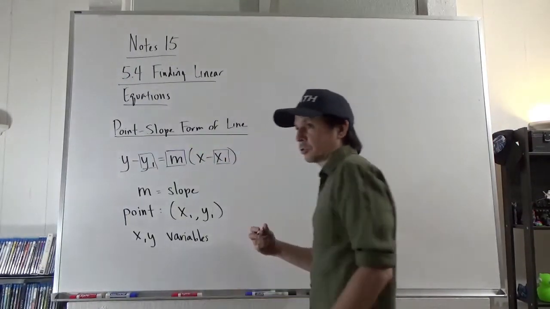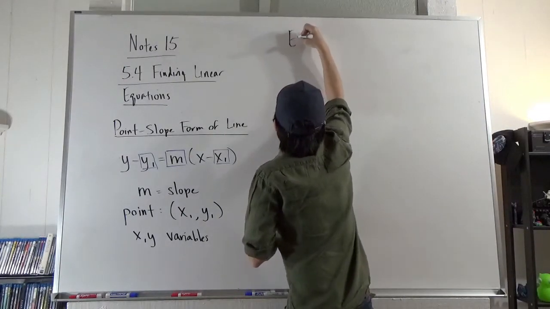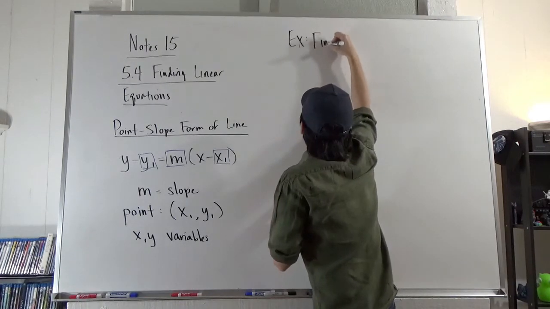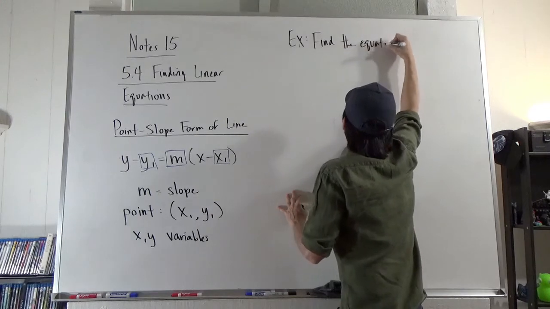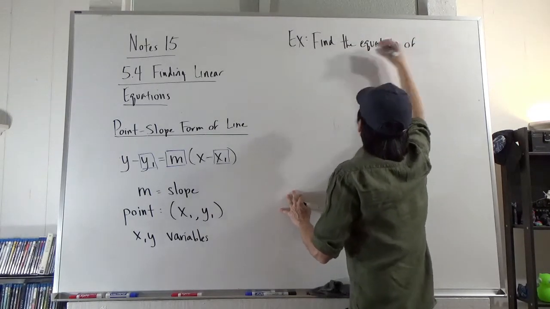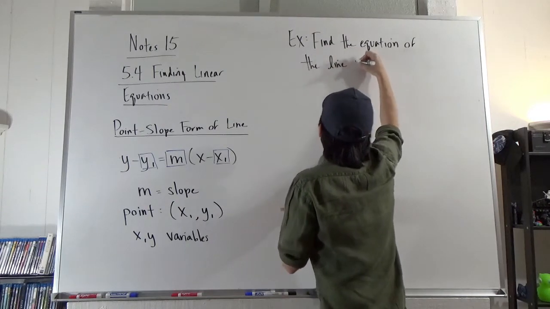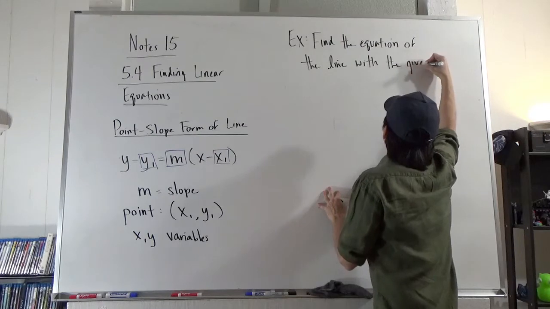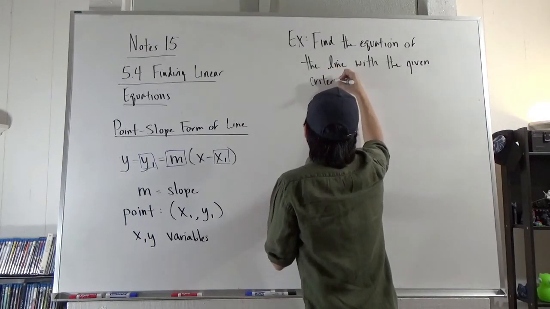Okay, and let's do one of these right now. Let's get familiar with using this. So the instructions here will be to find the equation of the line with the given criteria. And I will give you different criteria in different situations.